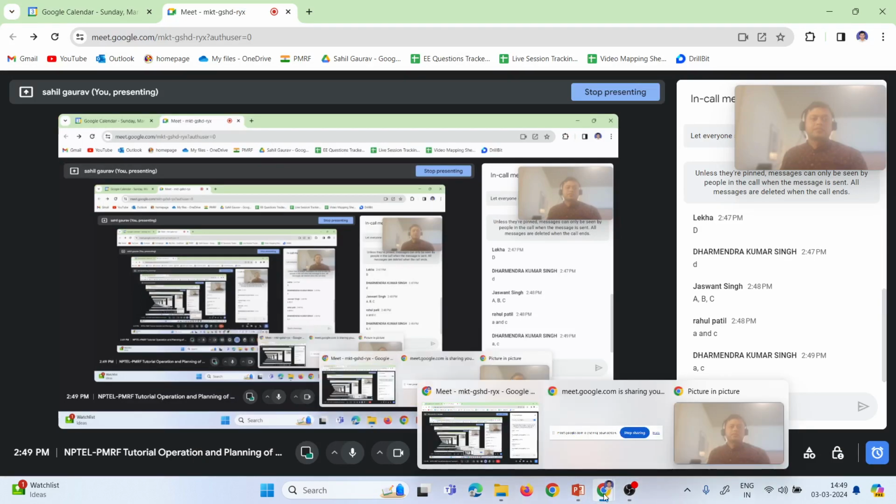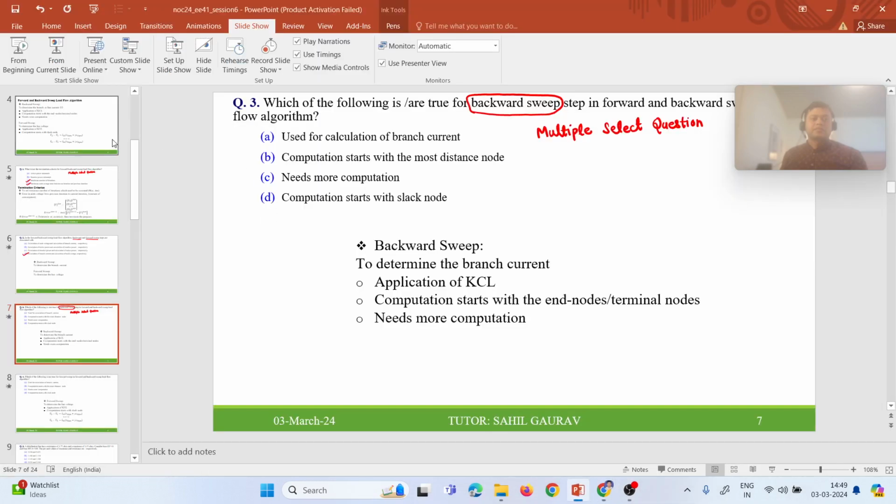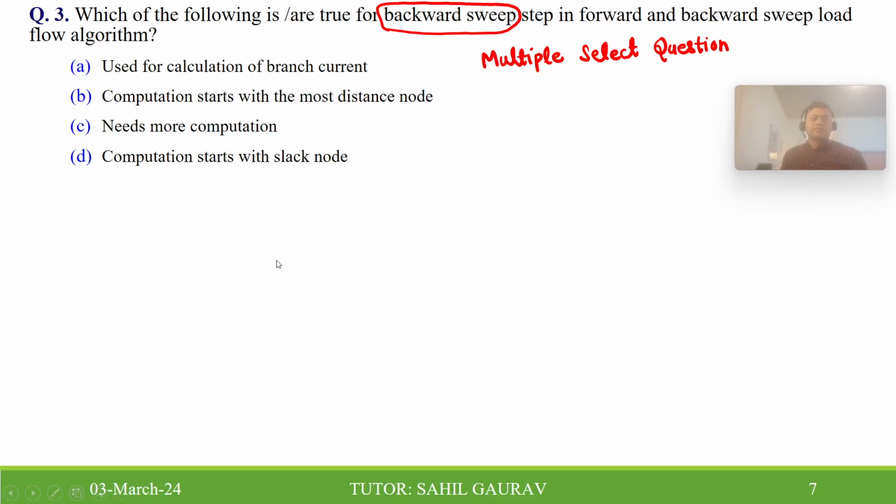A and C. Dharmender Singh, Rahul Patil. Yes, you are partially correct. The first option is that it is used for calculation of branch current. Yes, it is true.